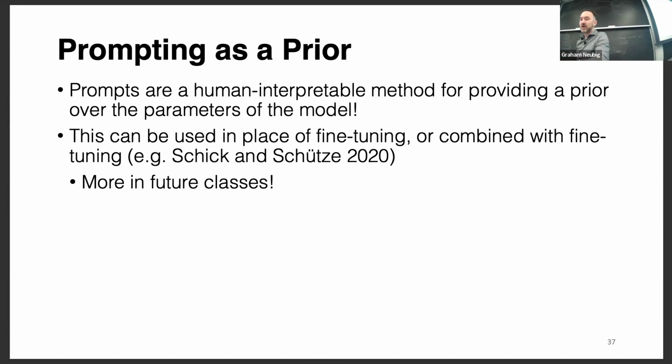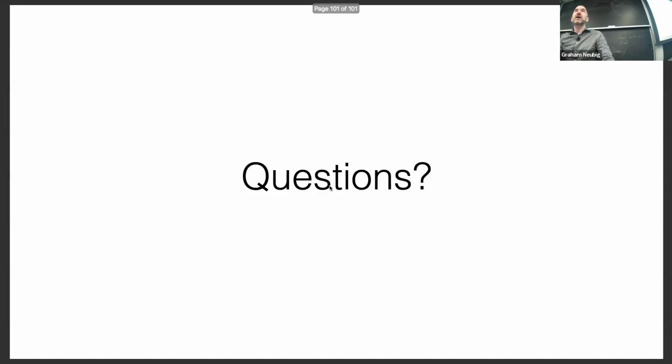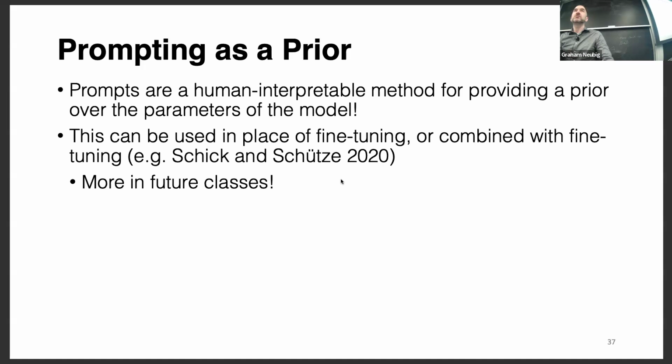We can initialize the distribution of this task A prompt using a human-created prompt, and then go on and fine-tune it on lots of training data as well. There's a method for doing that by Schick and Schütze called pattern exploiting training, where they do exactly that. They initialize with a manually created prompt, and then fine-tune the model after that.